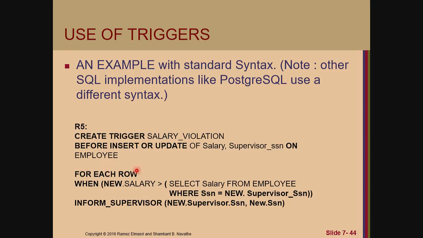Okay, for each row, when the new salary, the inserted one or the updated new one, is more than select salary from employee where SSN equals new supervisor. And this is the detail of what they are going to check. Inform supervisor, new supervisor SSN, and new SSN. Okay, so this is an example of how to write the details of the trigger.